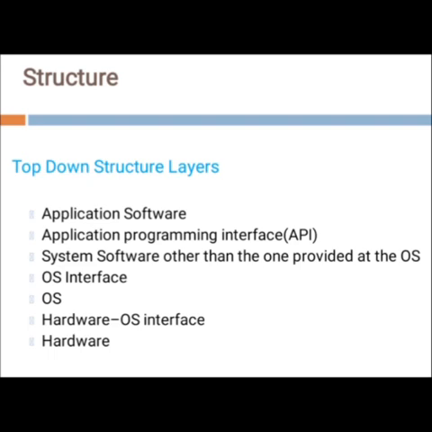First of all it is application software, second one application programming interface, third one system software other than the one provided at the operating system, fourth operating system interface, fifth layer operating system, sixth one hardware and OS interface, and finally the seventh layer, that is hardware.